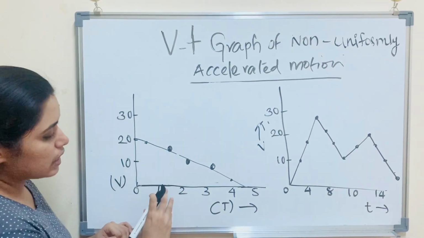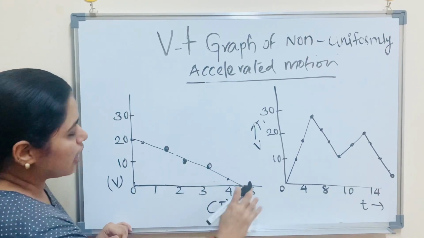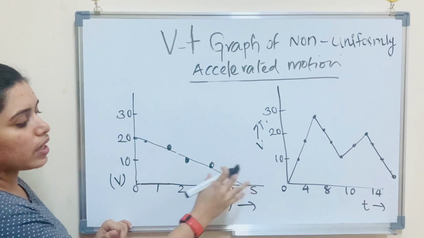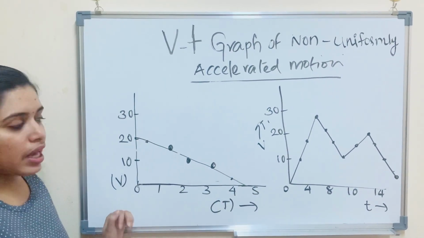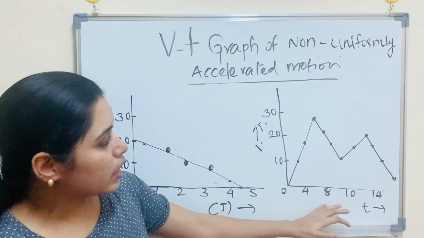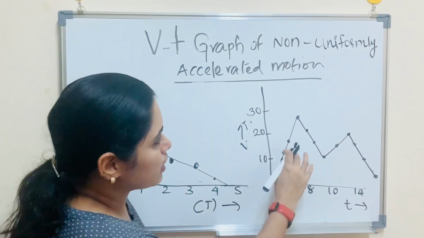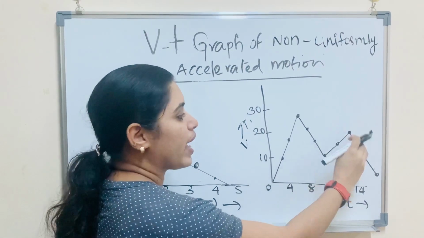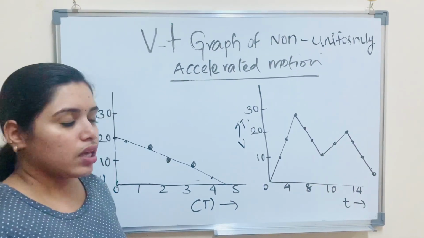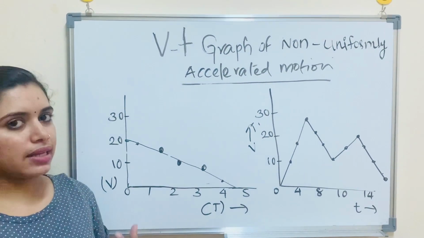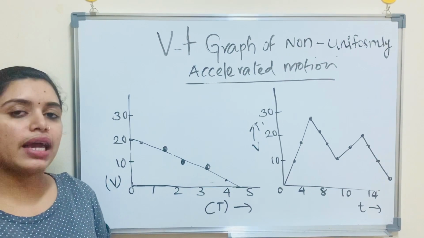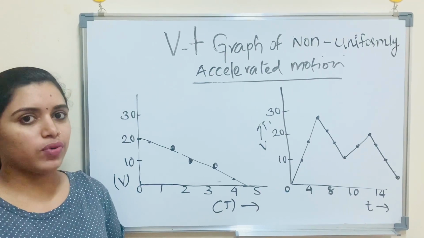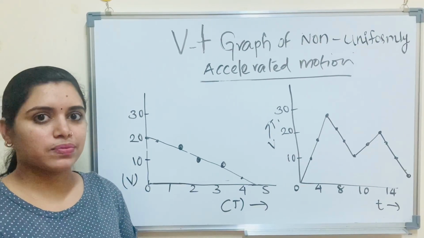From this graph, it is clear that on increasing time, the velocity of that object is decreasing. And see the second figure. From this graph we can see that the velocity varies non-uniformly. So in the case of non-uniformly accelerated motion, we cannot predict a particular shape for its velocity time graph.